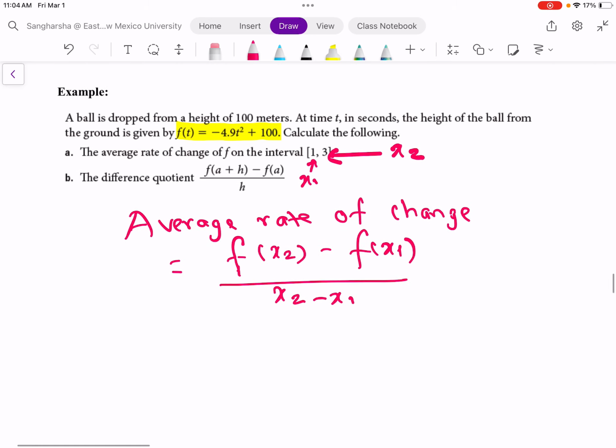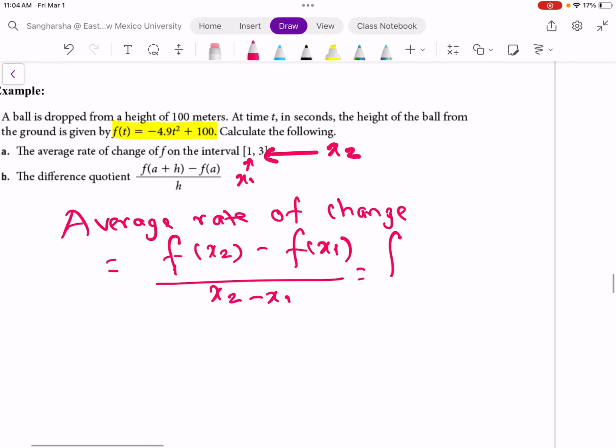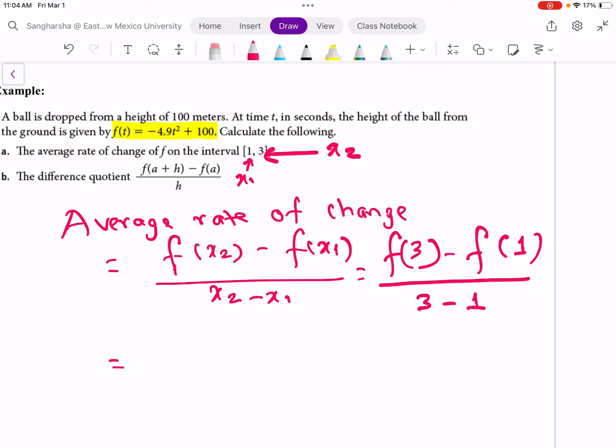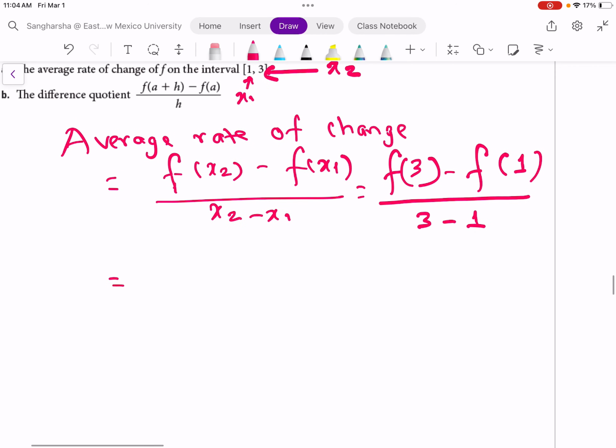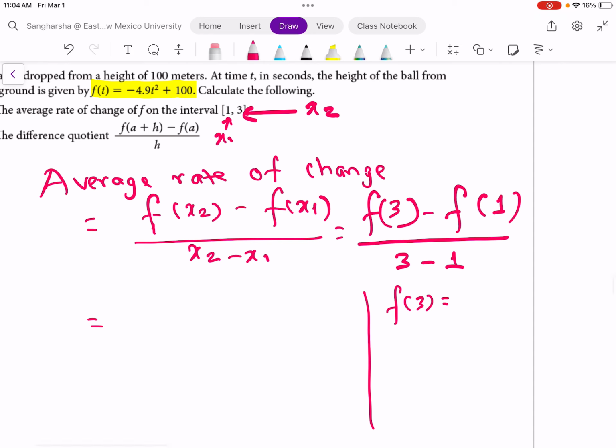Now let's substitute our x1 and x2 in this expression. So we have f of 3 minus f of 1 divided by 3 minus 1. Now how do we find f of 3? Let me do it here on the side. You substitute 3 for every t in our function.